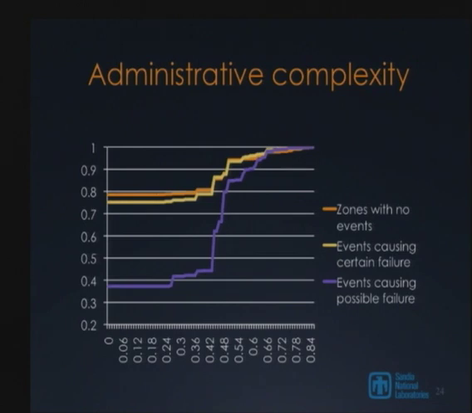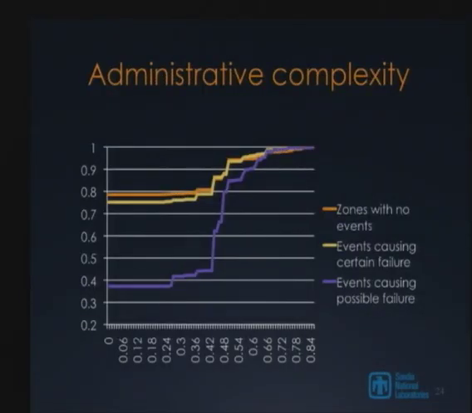Only 40% of these zones that experienced this possible failure had 0 administrative complexity. The other 60% had some non-zero number, greater than 0 administrative complexity.